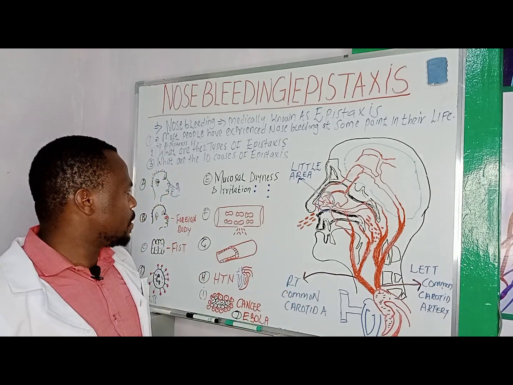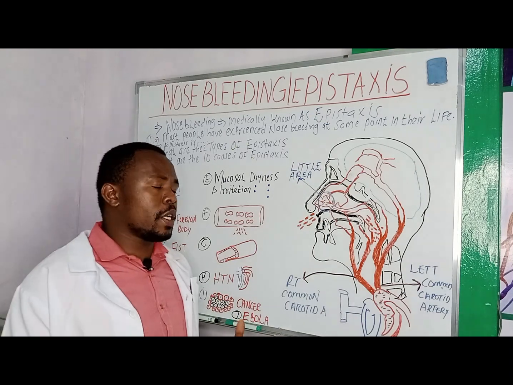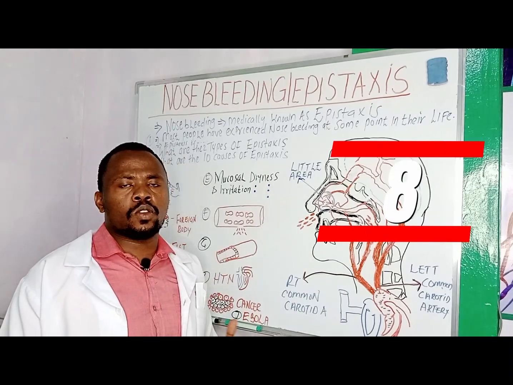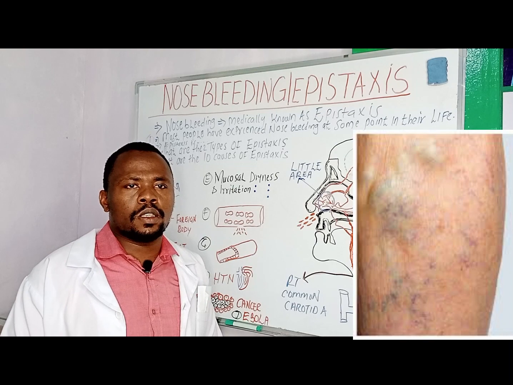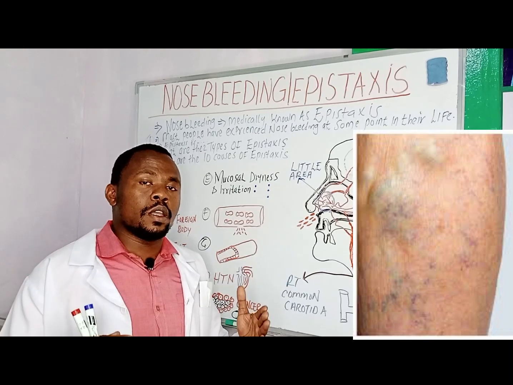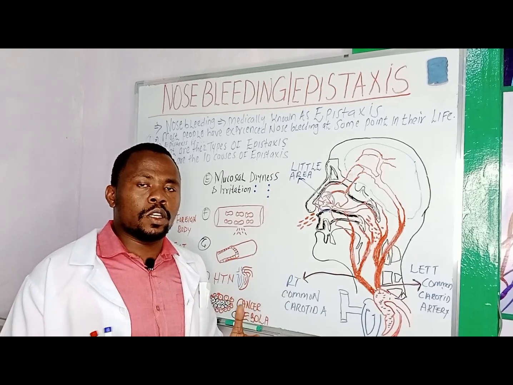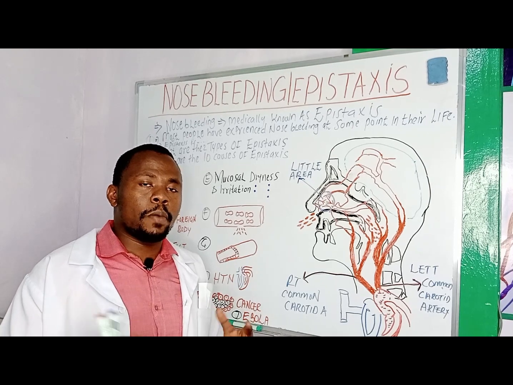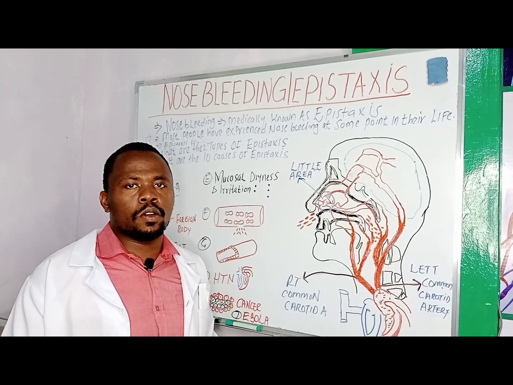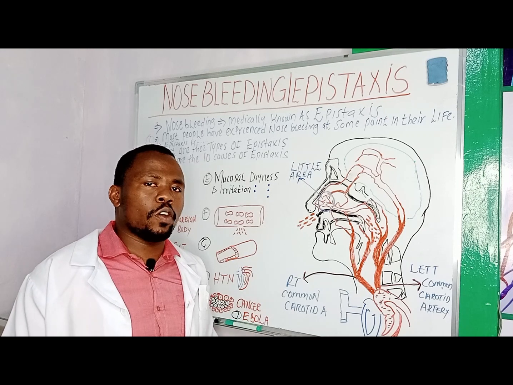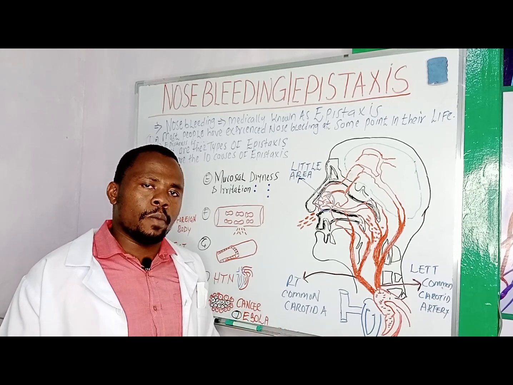Then we have number eight, blood vessel diseases. A patient who has a blood vessel disease, their blood vessels lack certain proteins. These proteins are part of the blood vessel.